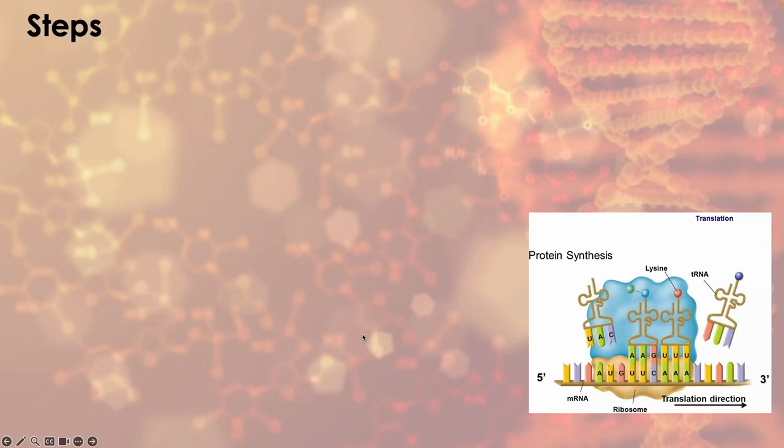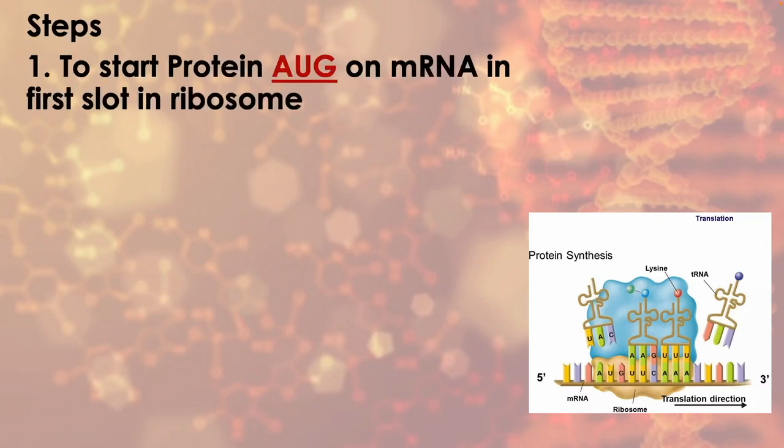So these are the steps in translation. First, to start a protein, you have to have the AUG on the mRNA slide into the first slot. The ribosome kind of looks like a hamburger bun, but it has 3 grooves in it.